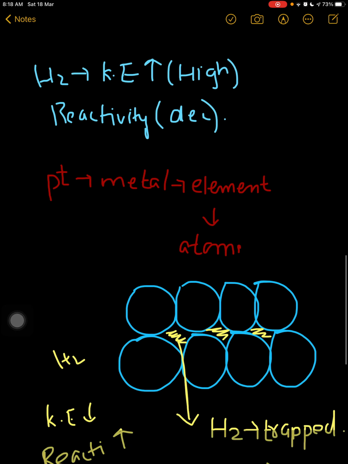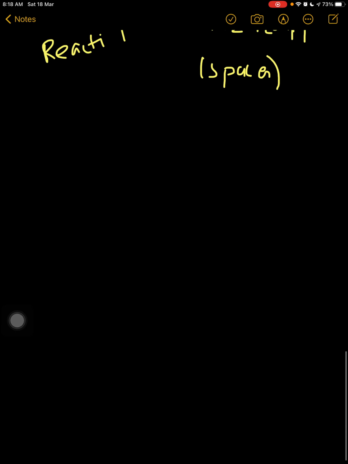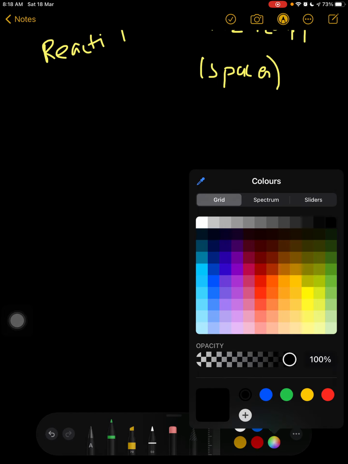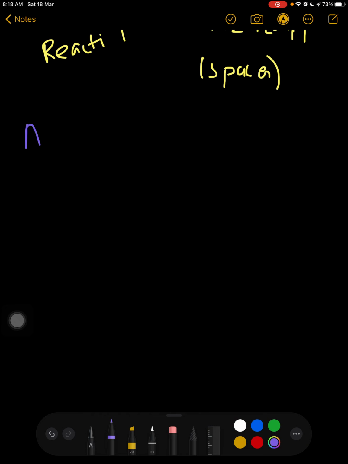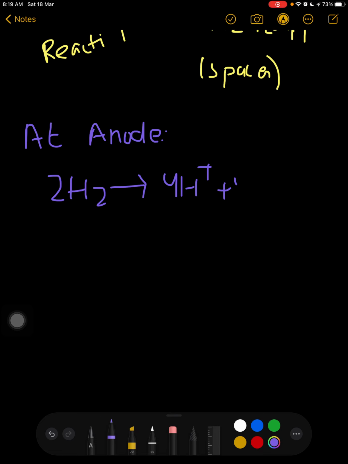So first of all, let's look at the reaction at the cathode, what actually happened over there. Sorry, anode. So at the anode, there was 2H2 and it lost its electrons, and 4OH plus 4 electrons. Then these 4H combined with 4OH and they formed 4H2O.